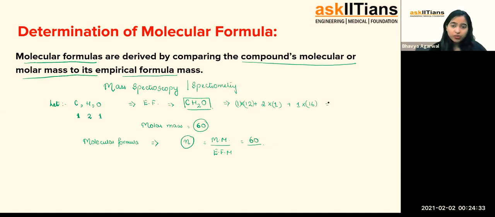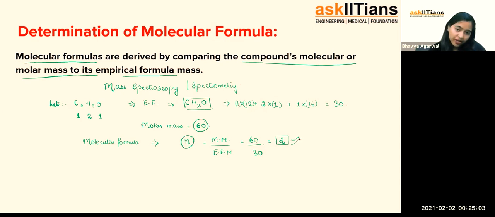So its total mass would be how much? 16 plus 12 plus 2 is 30. 28 plus 2. So 60 divided by 30 will give you a value of 2.